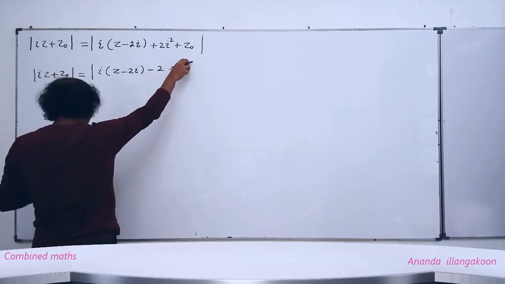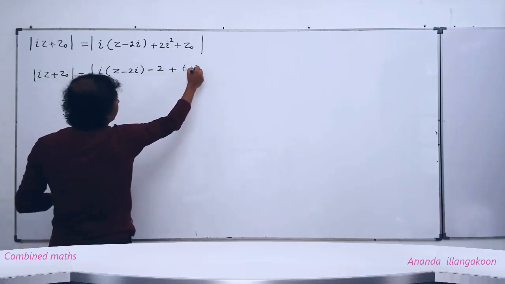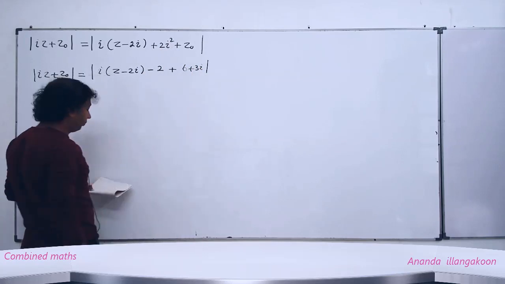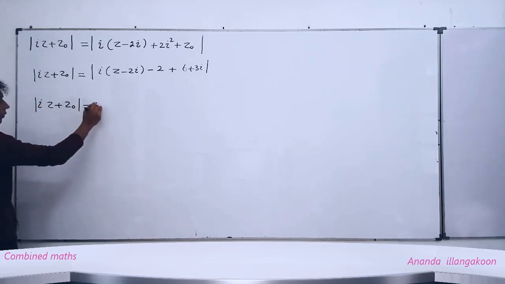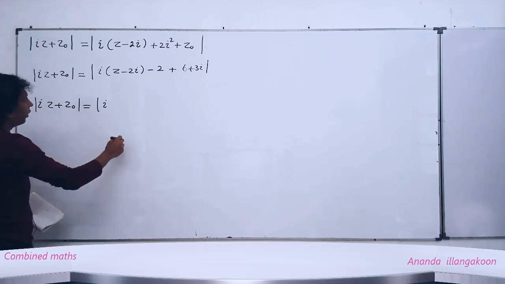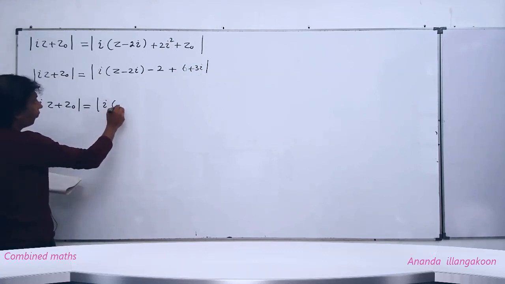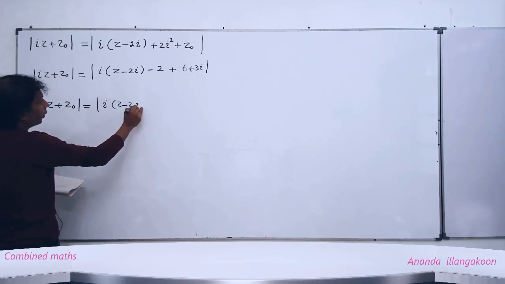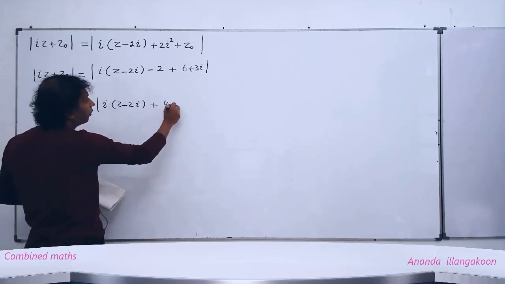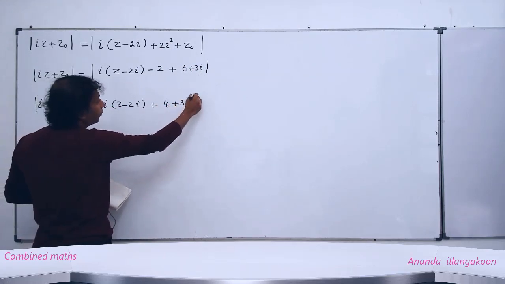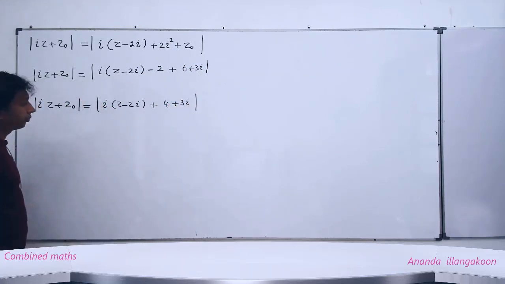And this z naught is given as 6 plus 3i. Then iz plus z naught, I can write as modulus of i(z − 2i) plus, here 6 minus 2 is 4, plus 3i. Right.